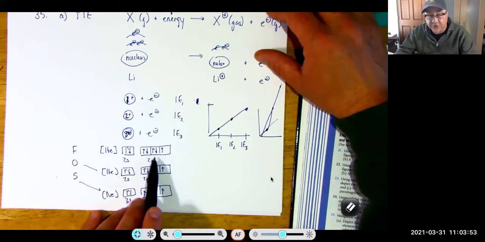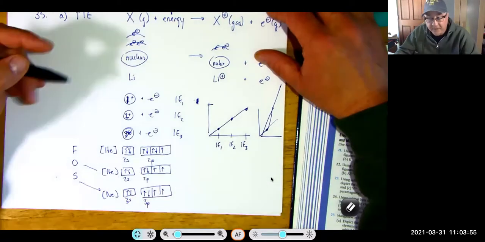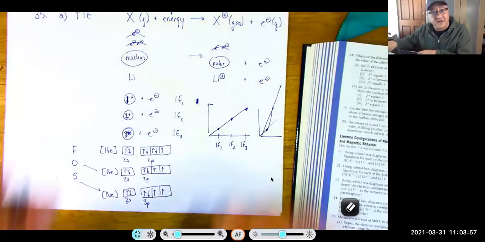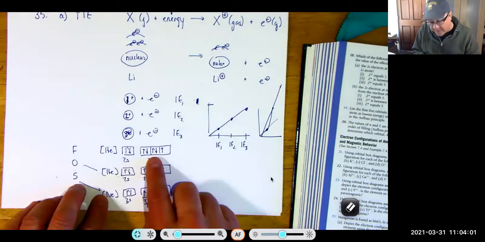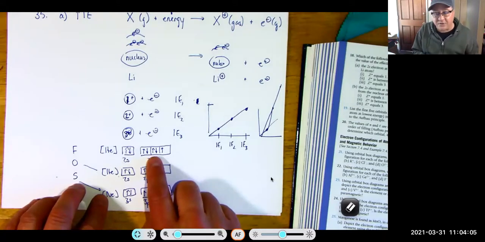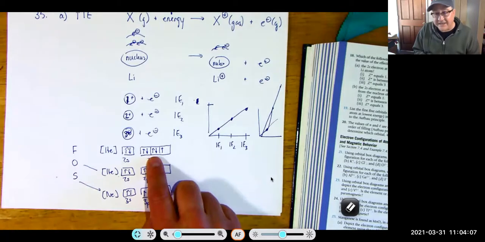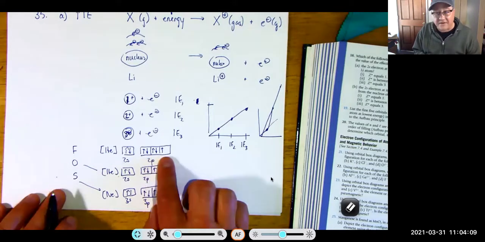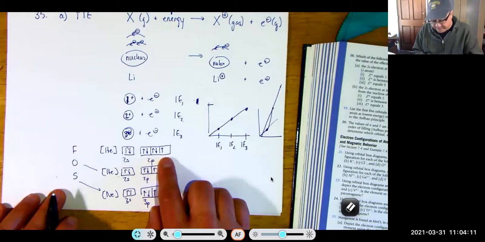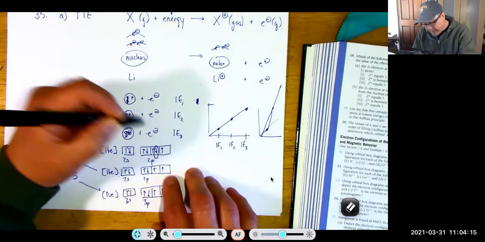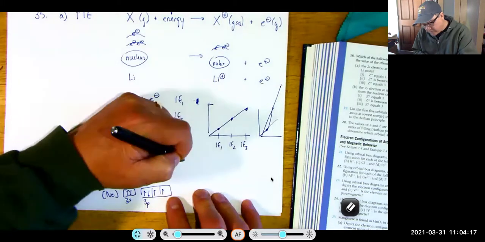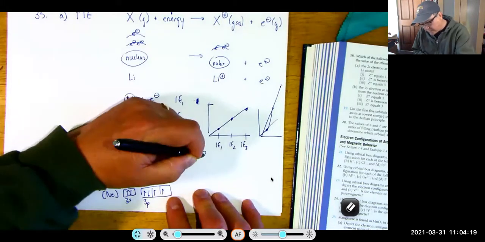And the answer is you're going to take away a paired one because it's being repelled by the other one. So these are twins in the same room, and they're fighting. It's going to be easier to take one twin out of the room than it is to take a single person out of their room who's just content. So I'm going to circle this guy, and that's a paired 2p electron removed, right?